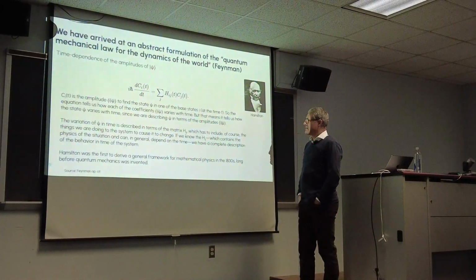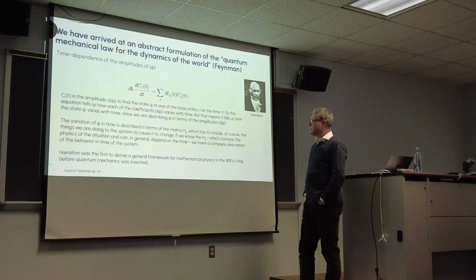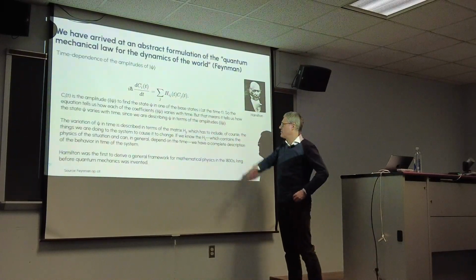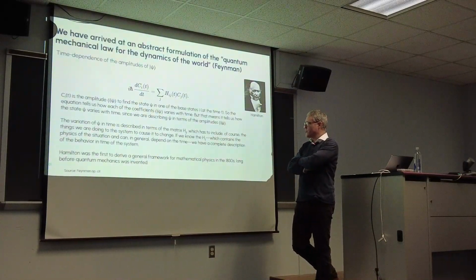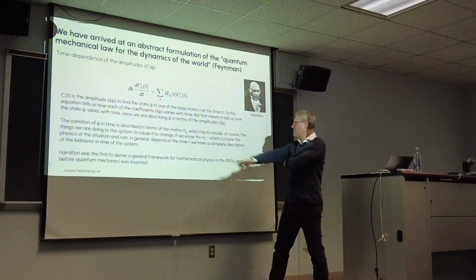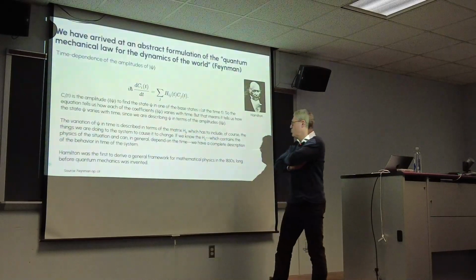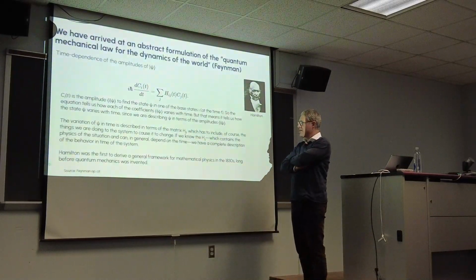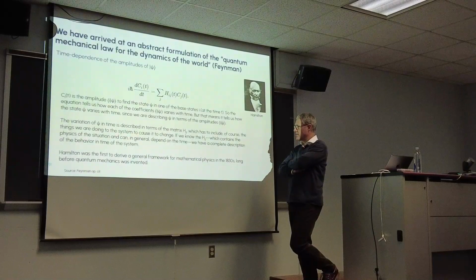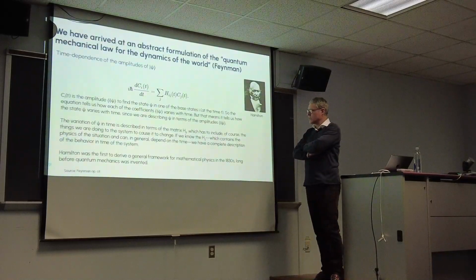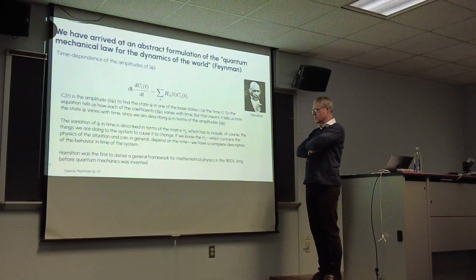But that means it tells us how the state psi varies with time, since we're describing psi in terms of the amplitudes C_i. So the variation of psi in time is described in terms of the matrix H_ij, which has to include, of course, the things we are doing to the system to cause it to change. If we know the H_ij, which contains the physics of the situation and can generally depend on time, we have a complete description of the behavior in time of the system.